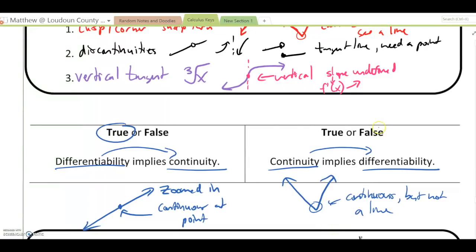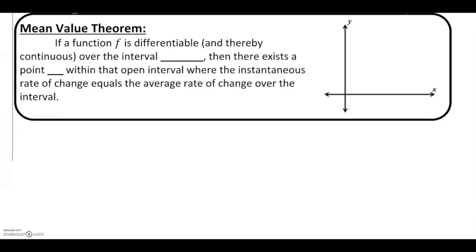Since it fails for this one type of function, I cannot say that that statement is true all the time. Sometimes it will be, sometimes it won't be. Even our spot like on a cube root graph where I go completely vertical at this point, definitely continuous there, but not differentiable.